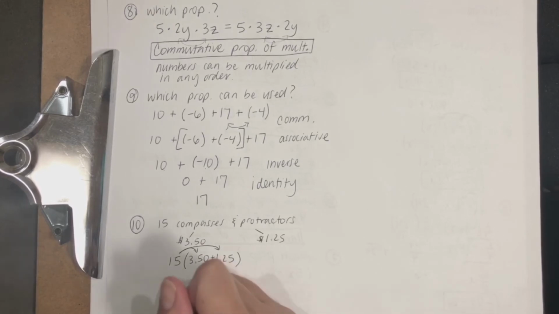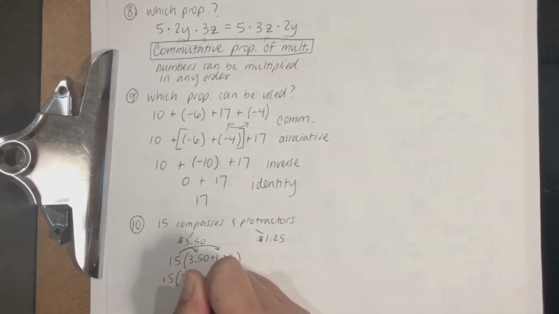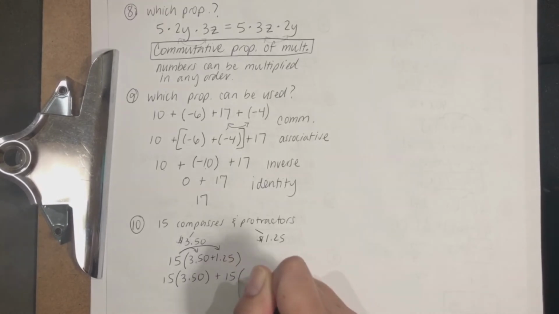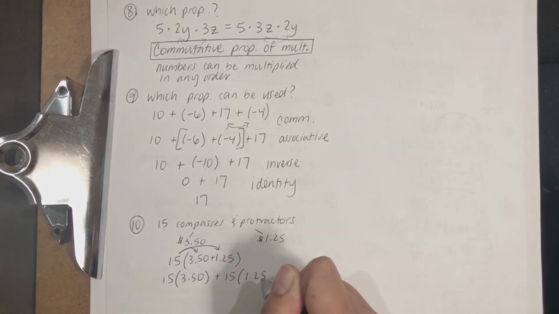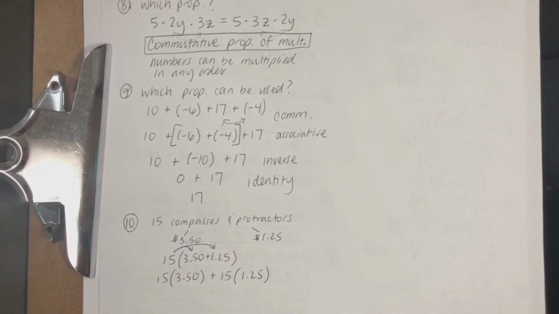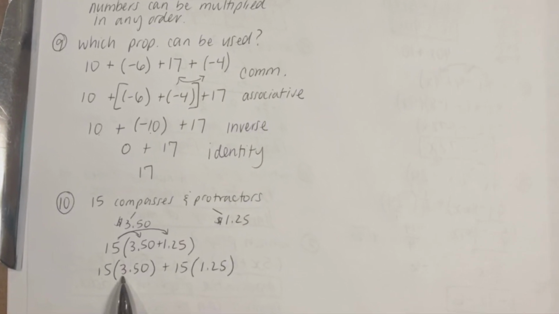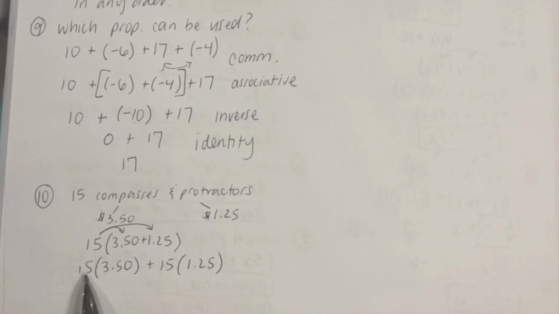So that's what we're going to do next. 15 times $3.50 plus 15 times $1.25. So 15 times 3 is 45, and half of 15, 0.5 is half, that would be 7.50.